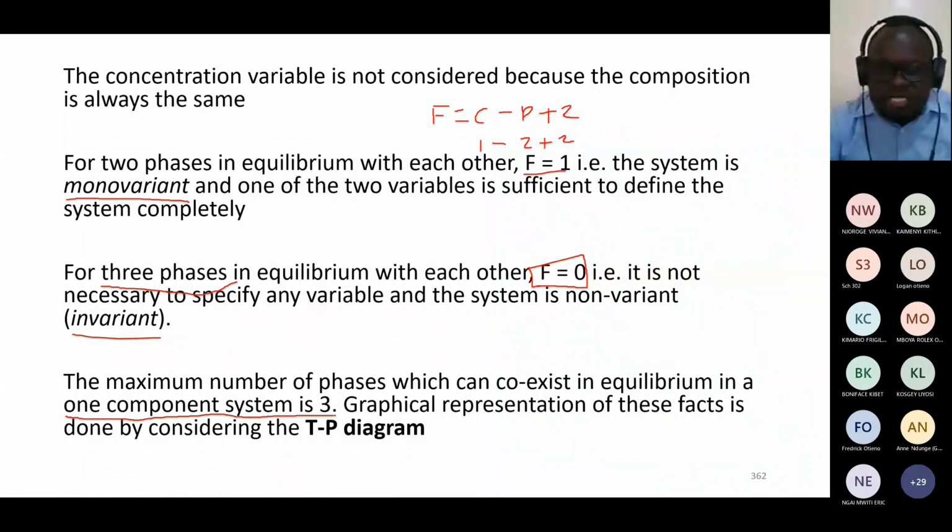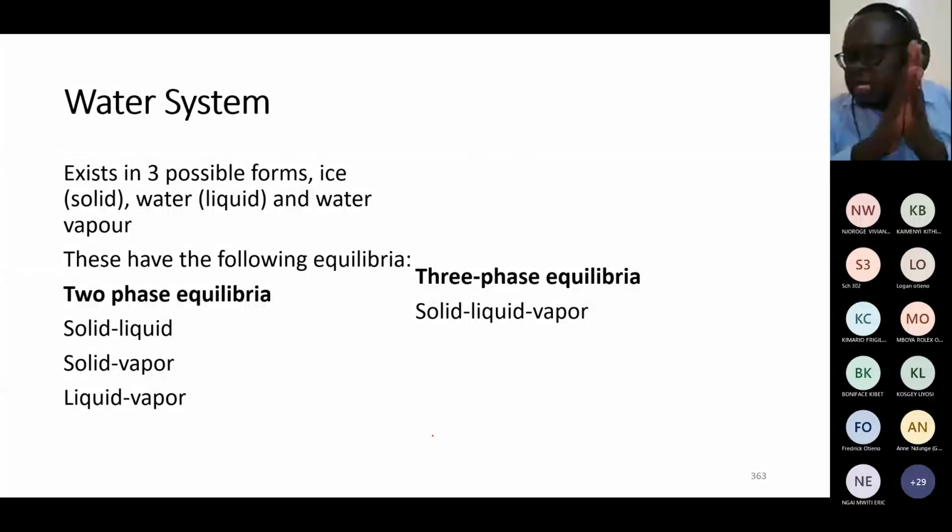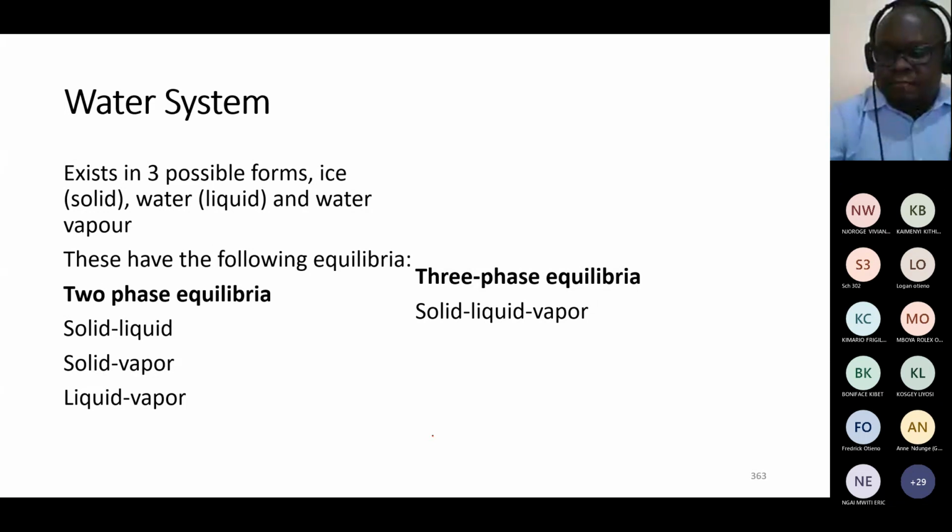The graphical representation of these facts is done by considering the temperature pressure diagram for this particular system. So we can consider a couple of systems here to illustrate the facts that we have just mentioned. The first system is the water system. This is a one component system.